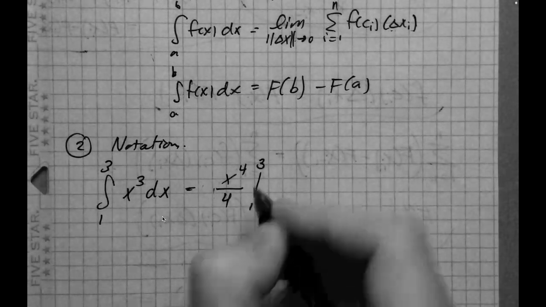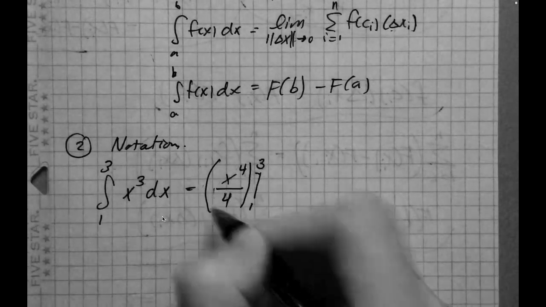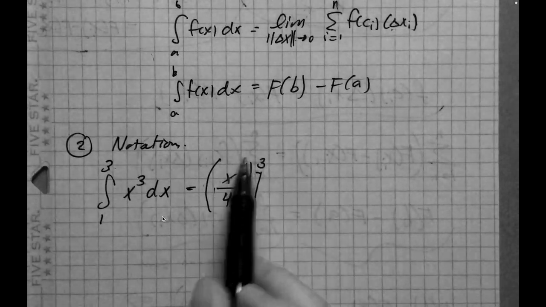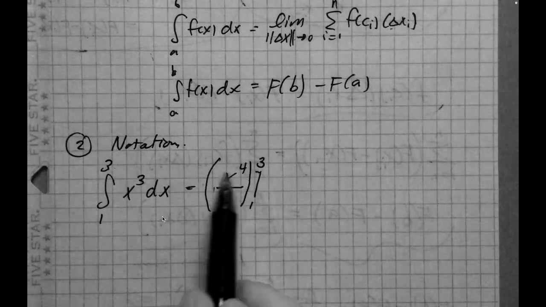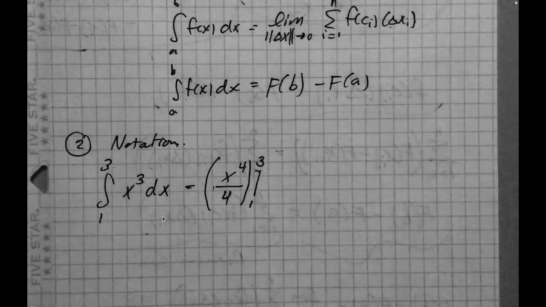This is the notation that people will frequently use. They'll put this in parentheses and then have a vertical bar with the upper limit and the lower limit. This tells you that you need to evaluate this at 3 and then separately at 1 and take the difference.